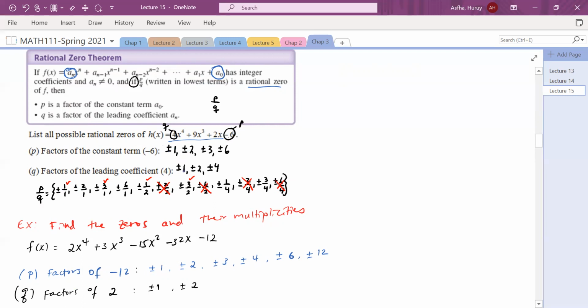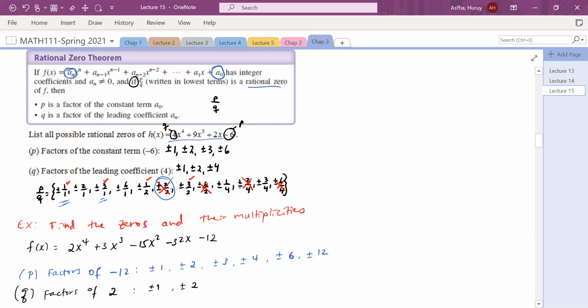Plus or minus 2 divided by plus or minus 1, we have this, and so on. Because we have 2 over 2, which is 1, this basically means plus or minus 1, and we have it already here. Therefore we cancel this one out. And similarly, plus or minus 6 over 2 is plus or minus 3, and that one is here, so we cancel that one out too.